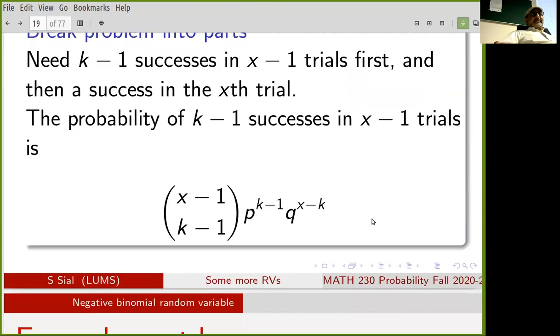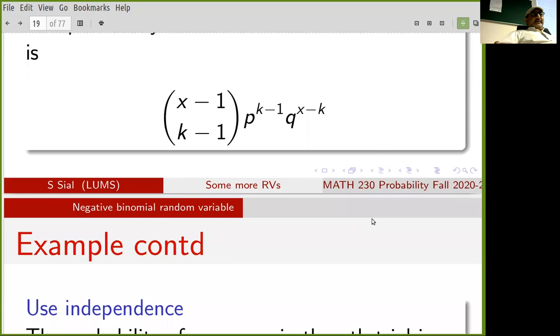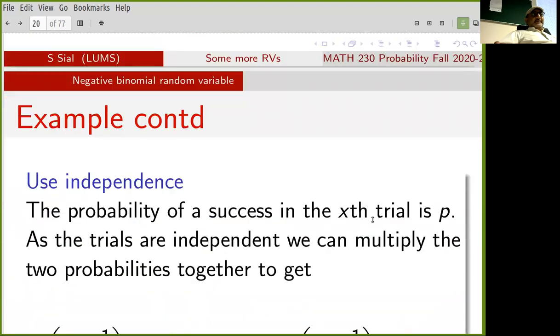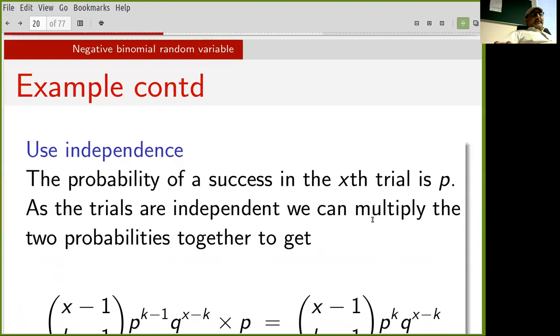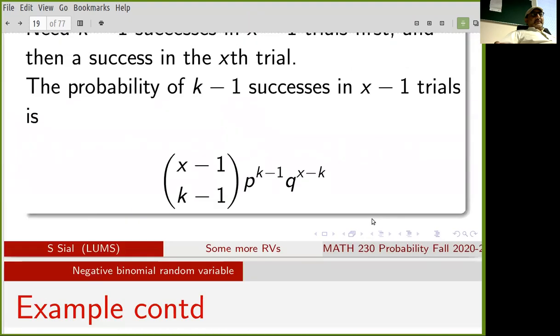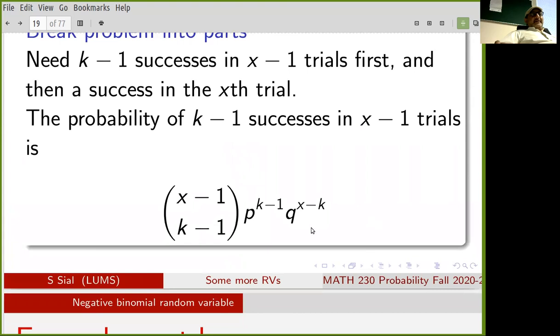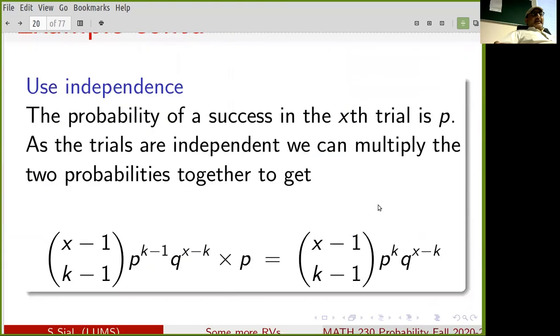Okay, so basically that's the PMF for the negative binomial random variable. Remember, we are using... well, okay, so then you have to multiply by P again for the final success.